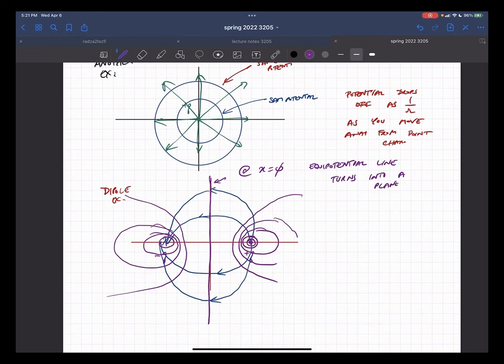Okay, so again, they're called equipotential lines, and they're always perpendicular to the electric field lines.